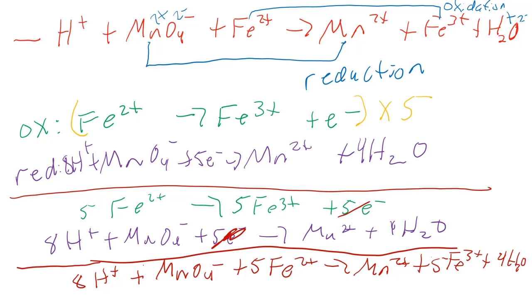So let's take a look at your calculations. You're going to record the molarity of the potassium permanganate solution from your bottle. And then you're going to determine the volume of permanganate that you use.